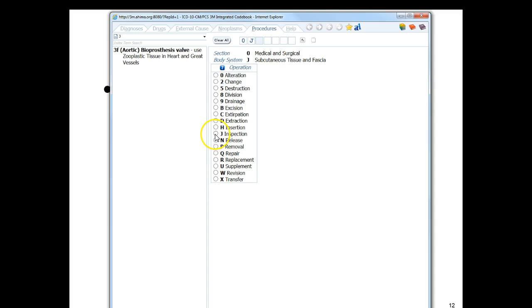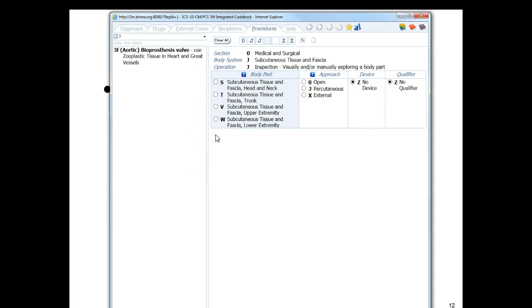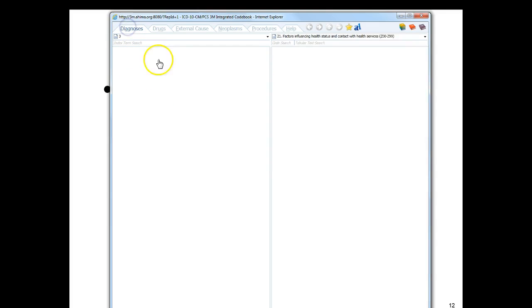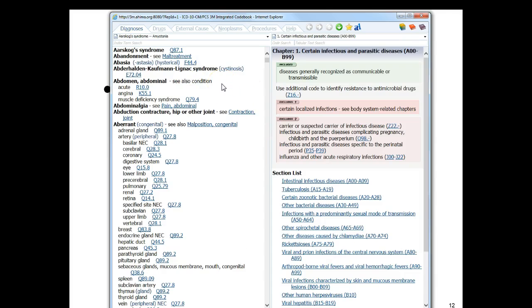And this root operation is inspection because basically that's all that they could do, and this was the subcutaneous tissue and fascia of the trunk. It was open, there was no device and no qualifier. So that's as far as this procedure went. And that coding will make more sense to you, I promise, when we actually go in and start looking at root operations.